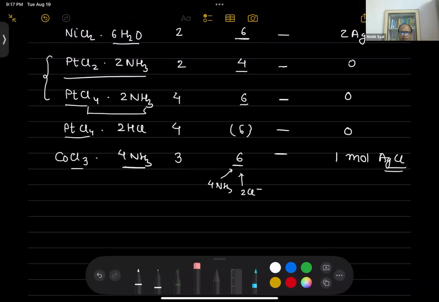Got it? So this is a very, very important part of coordination compounds.